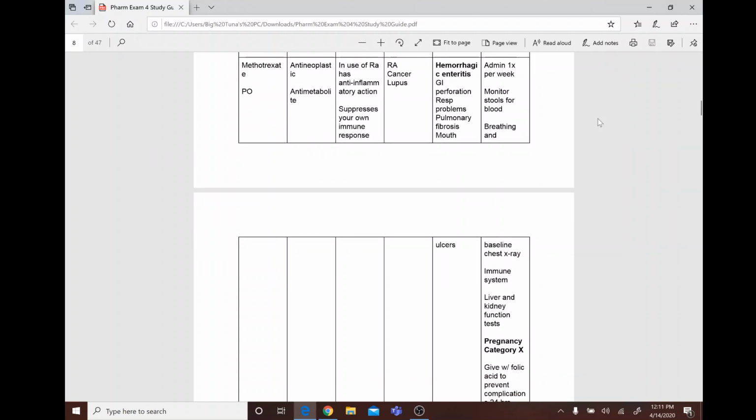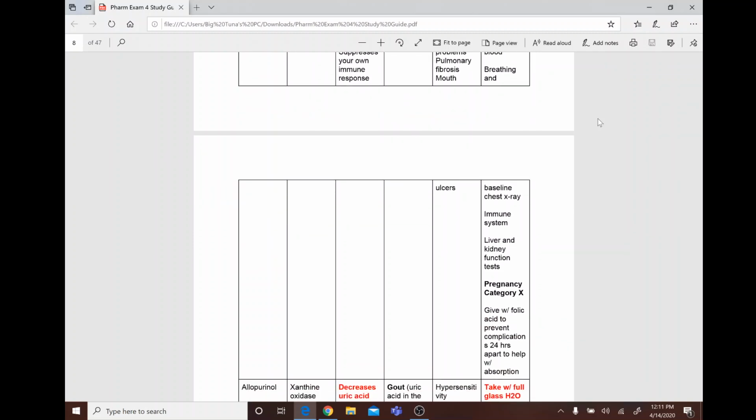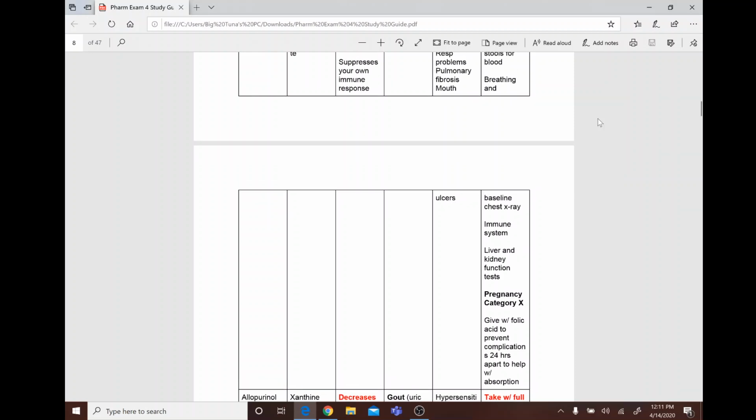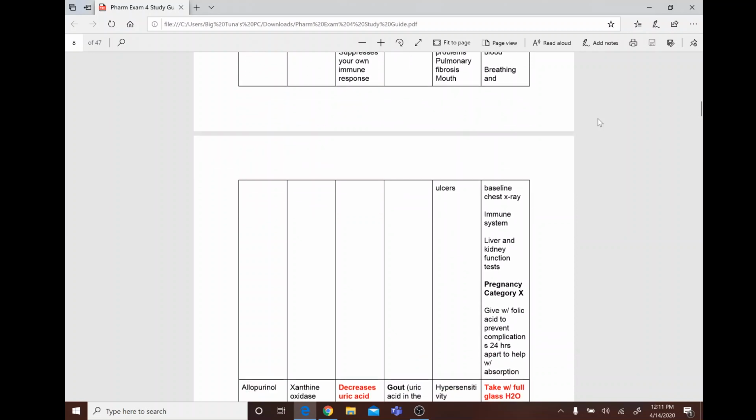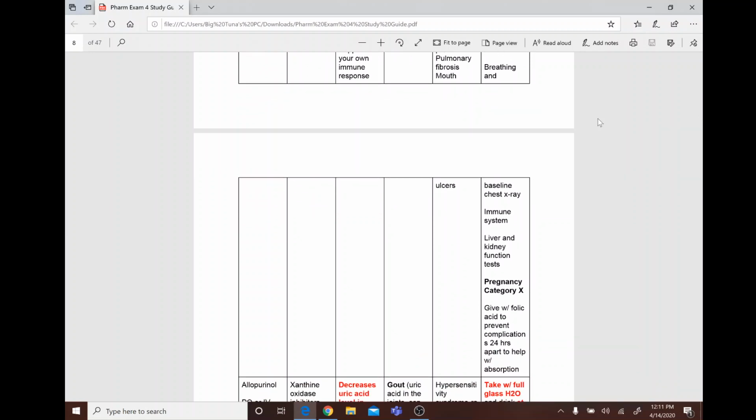What do we know about methotrexate when it comes to pregnancy? The pregnancy category X drug. What do we know about methotrexate and folic acid? You're going to give it with folic acid to prevent complications, but take those 24 hours apart to help with absorption.